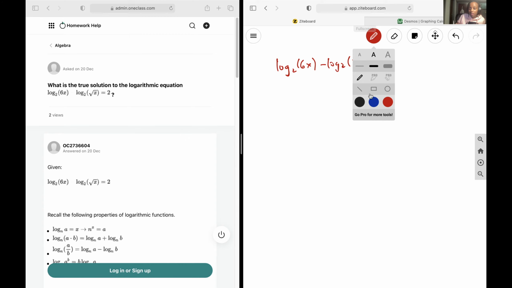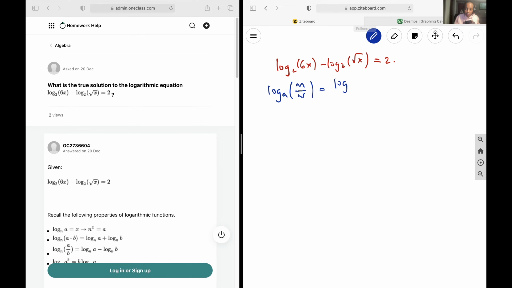And so, again, remember the logarithmic property of log to the same base of m over n is going to give us log a m minus log a n. And so let's just apply that to the left-hand side, and we can get log 2 of 6x over root x is equal to 2.